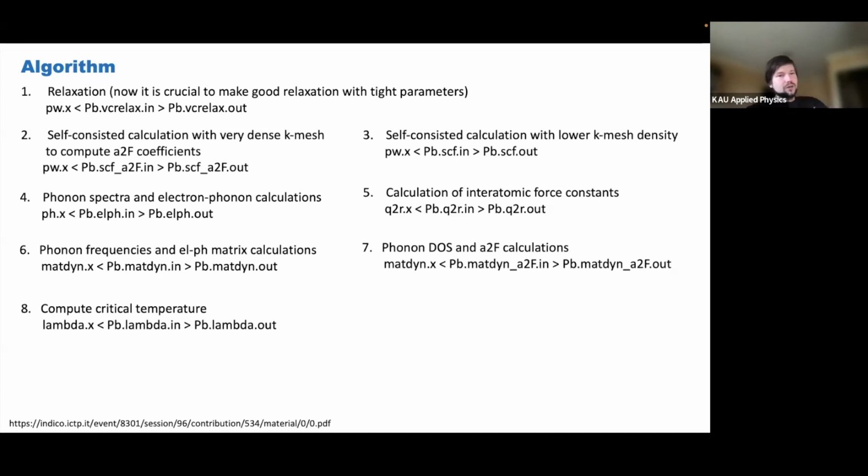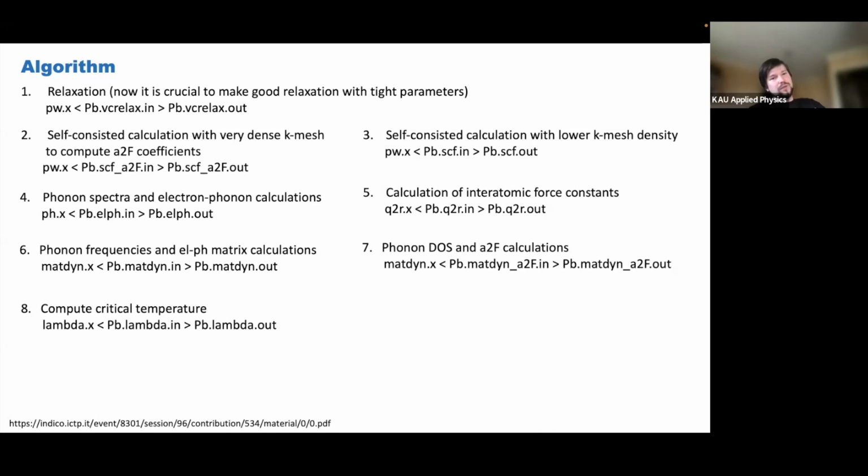So we make self-consistent calculations with a very dense K-mesh, to present it in the form of the spectral function, which will be written in other steps. Then we can make a calculation with a lower K-mesh density, but also with a high K-mesh density.